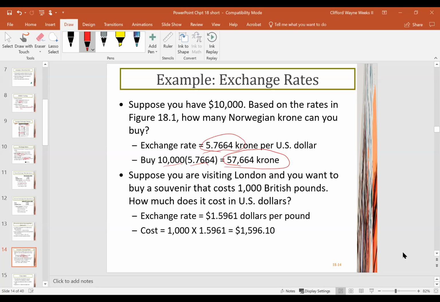No, basically they're taking this rate and multiplying it times 1,000. Oh, okay, yeah, this is 1,000 British pounds. I was looking at this one when I should look at the second scenario. And so that's how we end up with, in order to buy 1,000 British pounds, it's going to cost you $1,500 US.